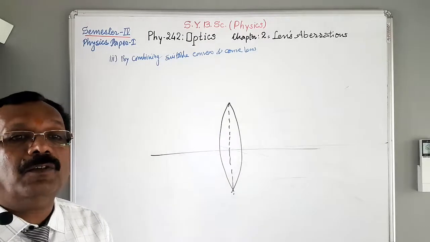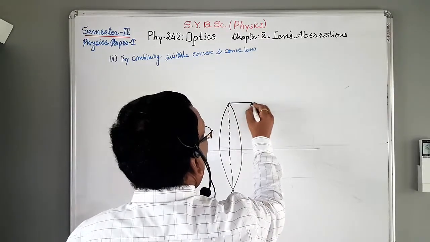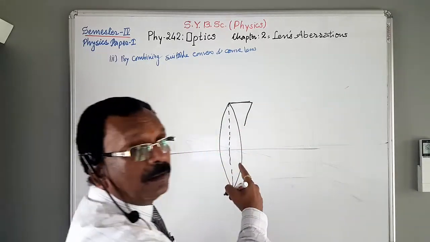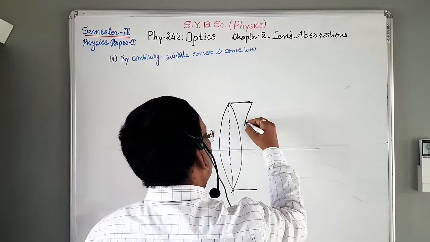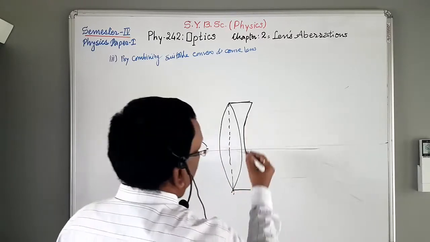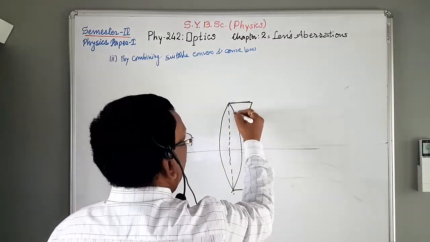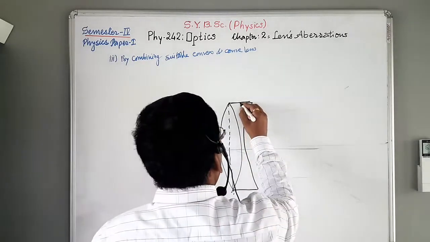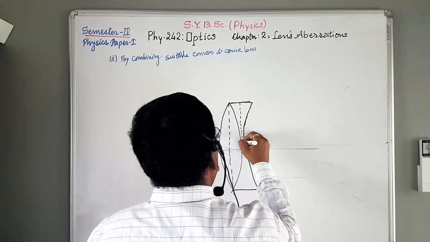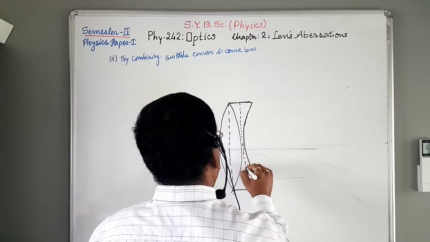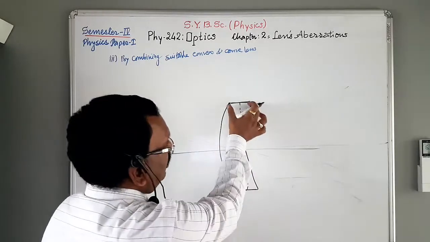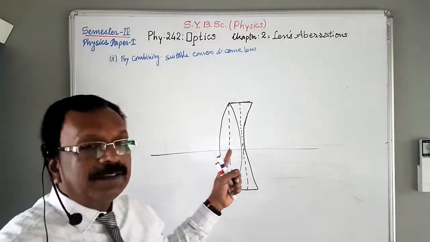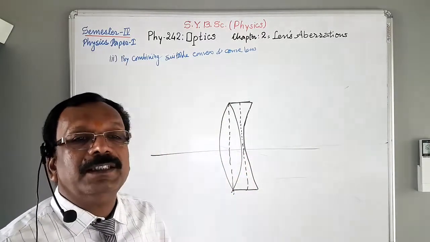This is a convex lens, and we take the combination of convex and concave lens. This is the concave lens and this is the convex lens. The concave lens is thinner at the center, and the convex lens is thicker at the center as compared to its ring.